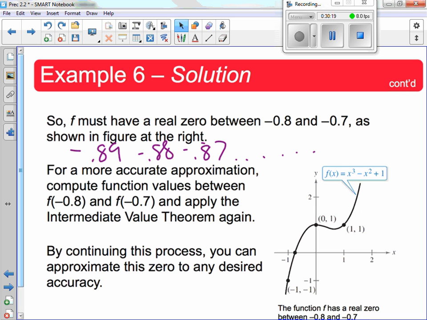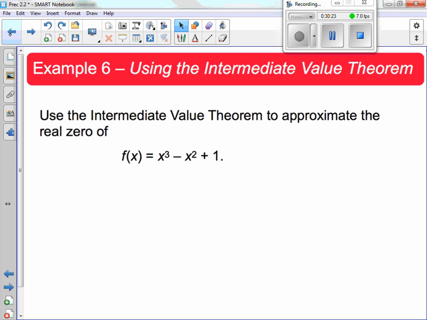Now, in the graphing calculator, type this into y equals.